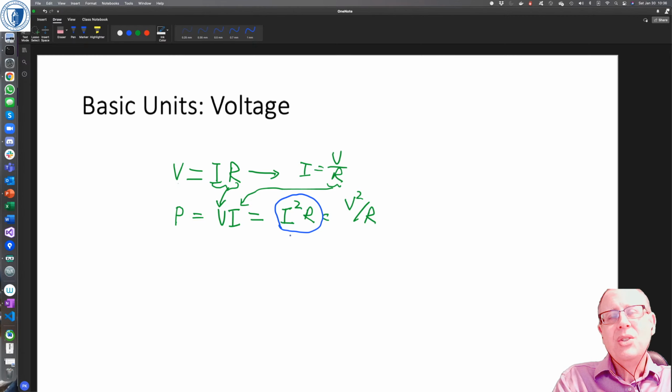What they tend to use is a thing called I squared R as the measurement of loss, about how much power they dissipate just shipping the power to your house. And that's where it comes from, right? P equals VI, V equals IR, so P also equals I squared R.